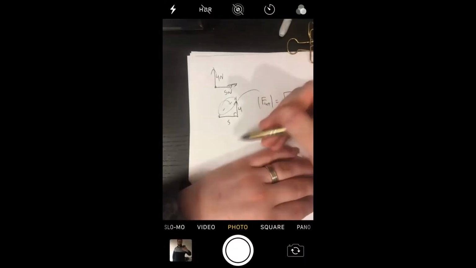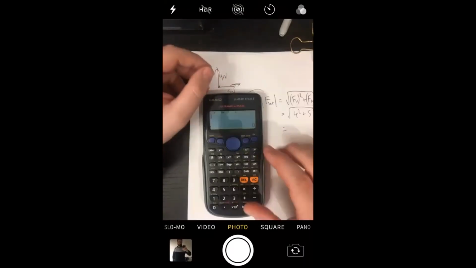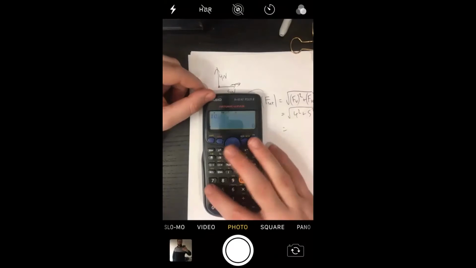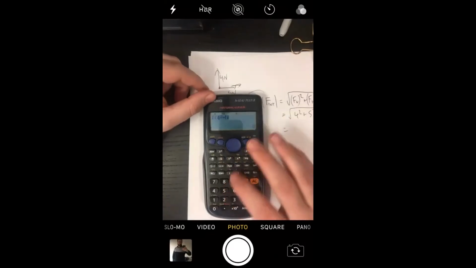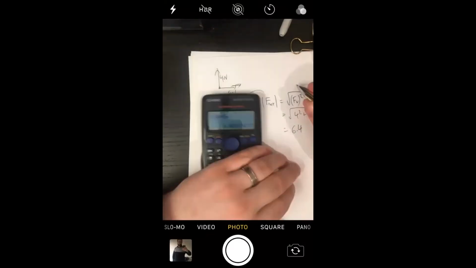That's going to have to be 4 squared plus 5 squared, which is going to be 41. Let's do this in the calculator. Square root of 4 squared plus 5 squared, 6.4. Great, cool.